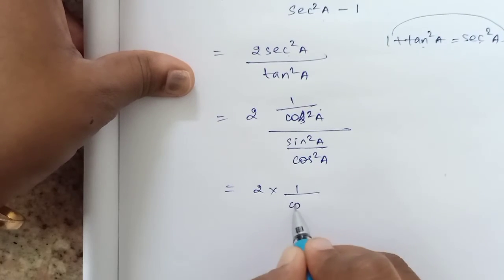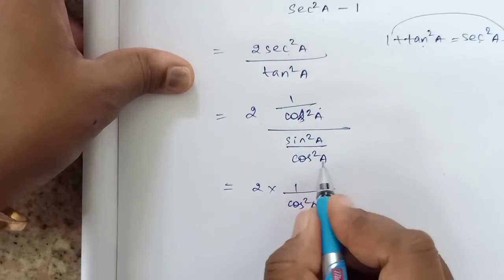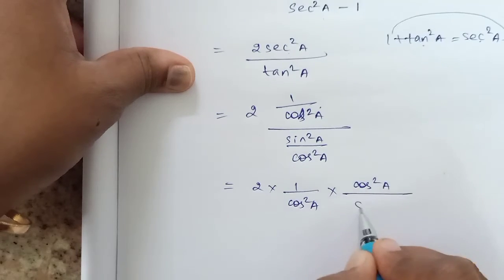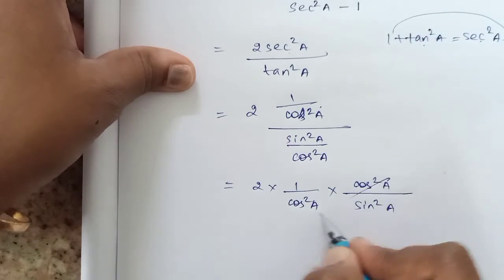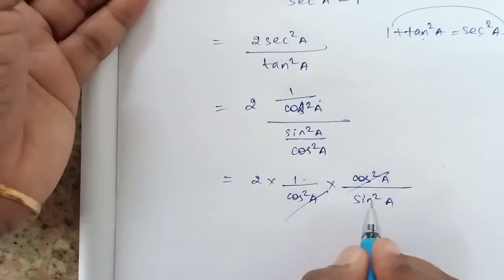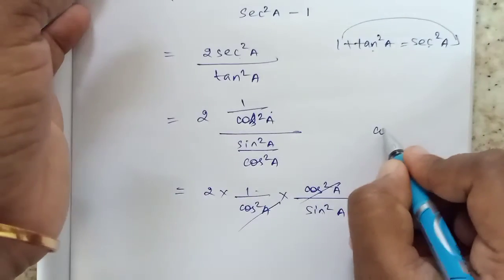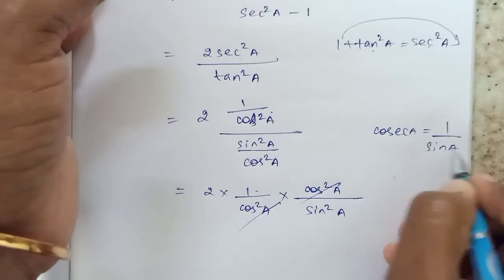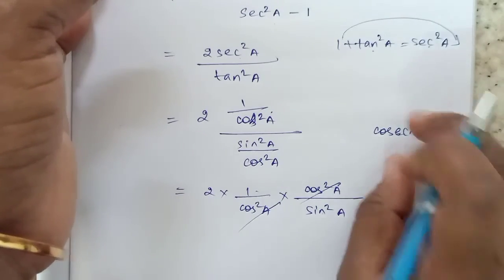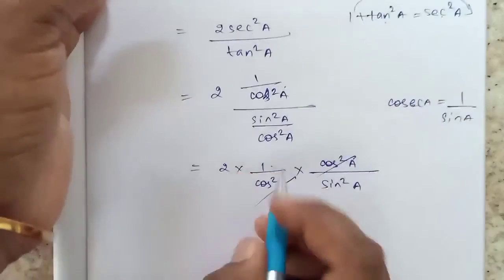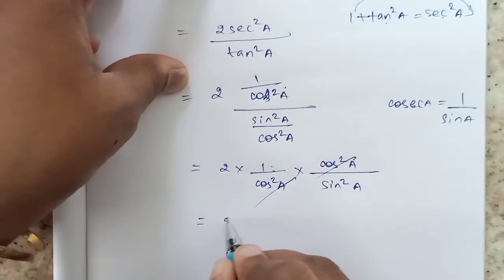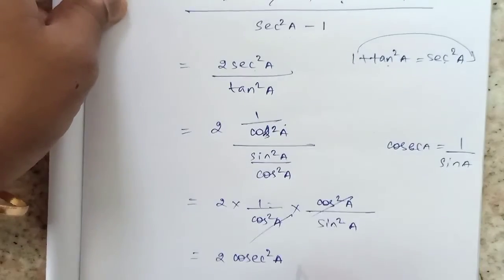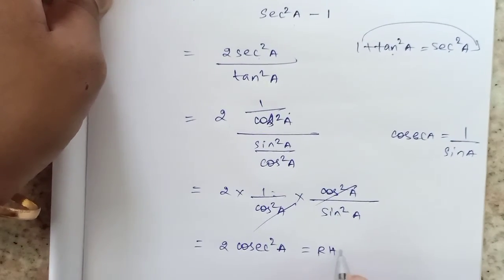Otherwise you write 2 into 1 by cos square A into the reciprocal of this fraction, cos square A by sin square A. This cos square gets cancelled. What is 1 by sin square A? Cosecant A is nothing but 1 by sin A. The reciprocal of sin is cosecant A. So 1 by sin square A means we can substitute 2 cosecant square A. That's all, we reach our RHS.